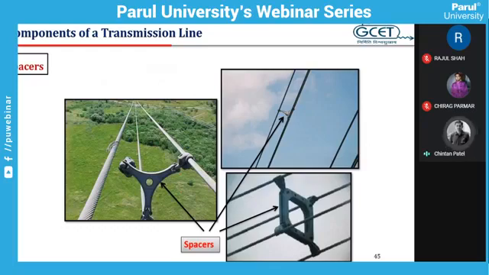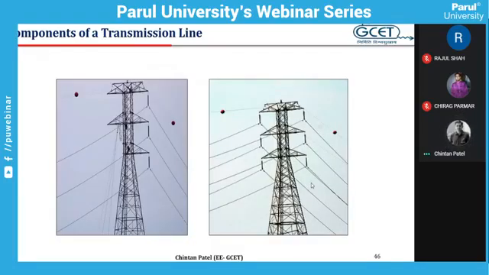These are the spacers. Spacer for 3 conductors, this is also for 3 conductors. This is the spacer for 4 conductors per bundle. So this is a very special component. If you travel by express highway toward Ahmedabad, there is one 400 kV line, and in that transmission line, the topmost conductor consists of this type of balls.